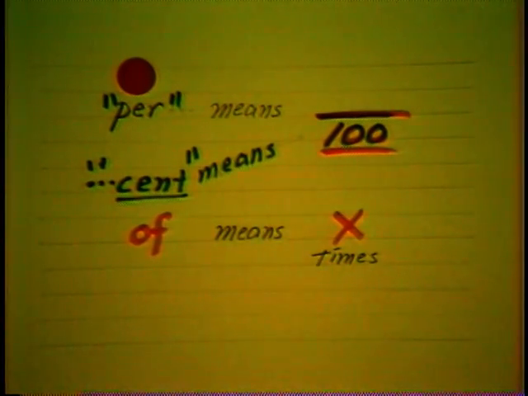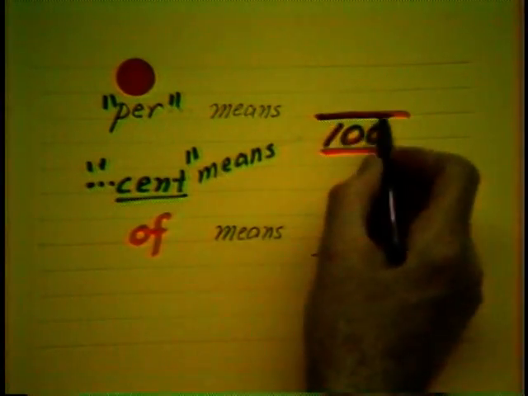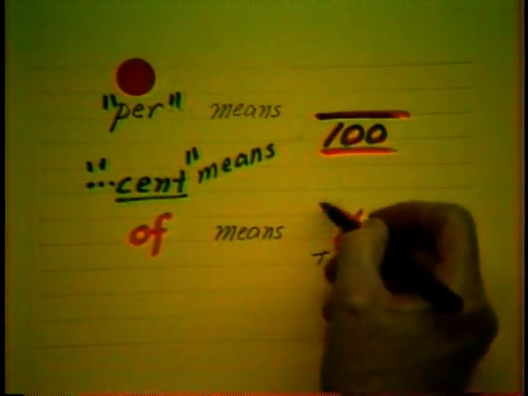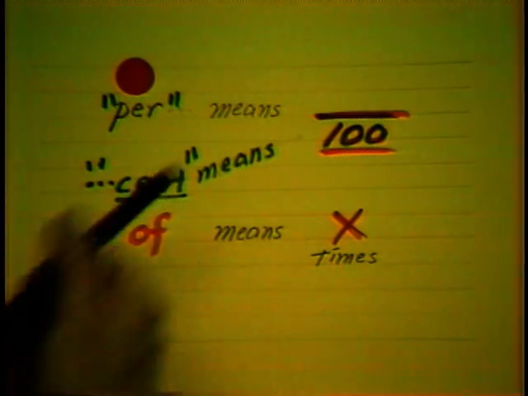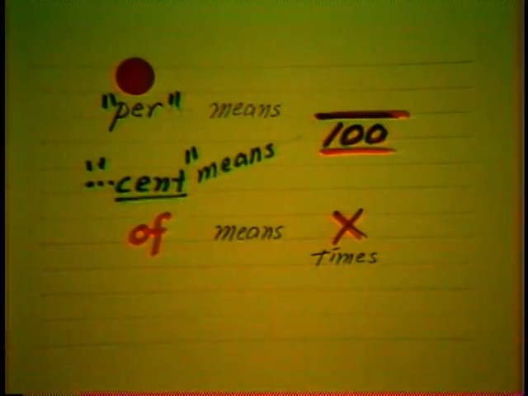Actually read it that way, as though you're learning a foreign language. Also remember that the word of means times. So once again, per is that mark right there. Cent is that mark right there. Of frequently means times.